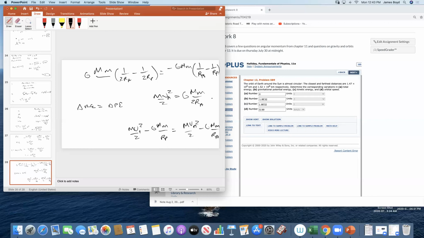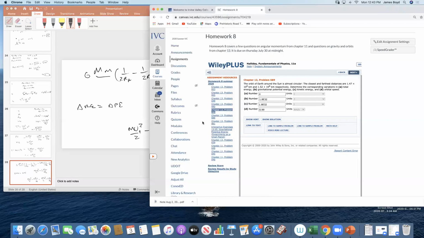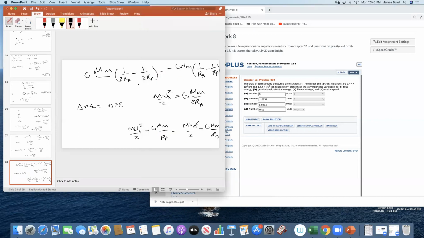Solve this for VA, do another equation for VP, take the change of them, and you'll see that it ends up being 0.99. I won't ask that on a test. In fact, I probably won't ask about gravitational energy on a test. Why do we need it? We need it because we can't define the gravitational potential energy as mgh anymore when using universal gravity.